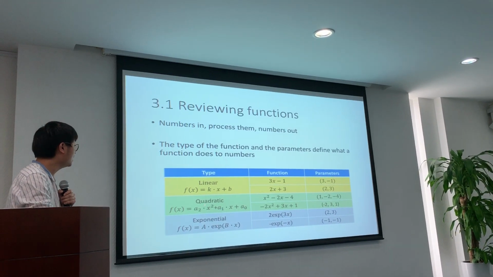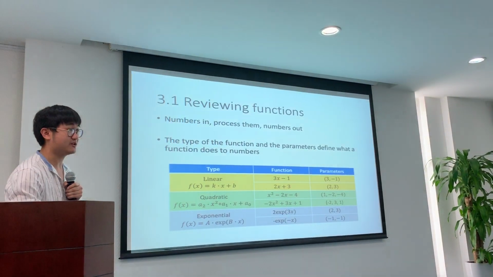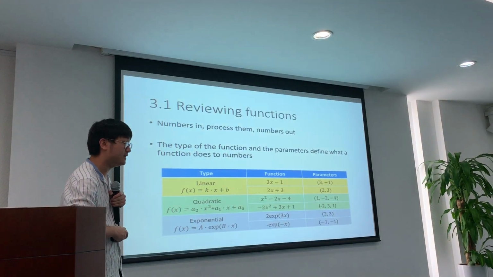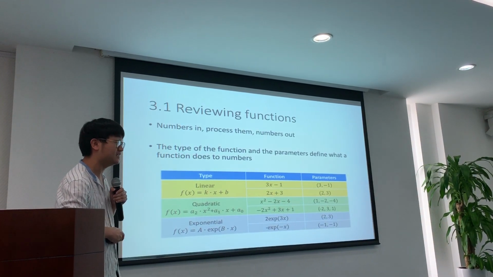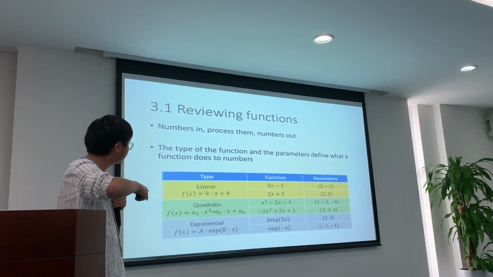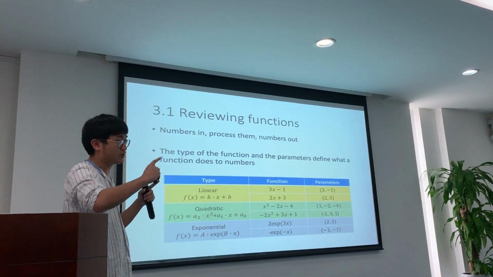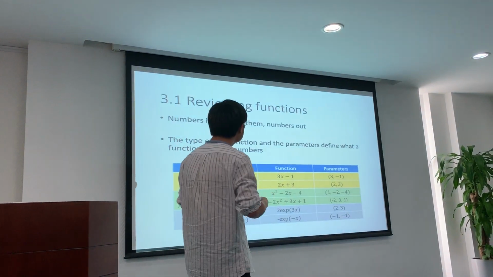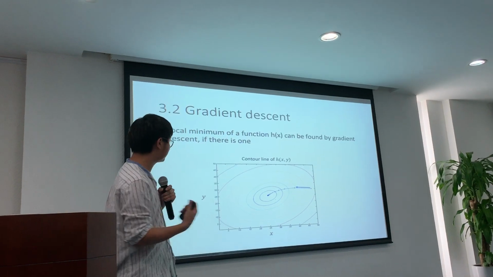Like you have linear function, quadratic, or exponential. This is the type. Inside the linear function, we have this kx plus b. But the values of k and b define what this function looks like. These are parameters. You can imagine type as the shape like geometry triangle, but parameters are the scale and the location. The second thing I want to mention here is the gradient descent.